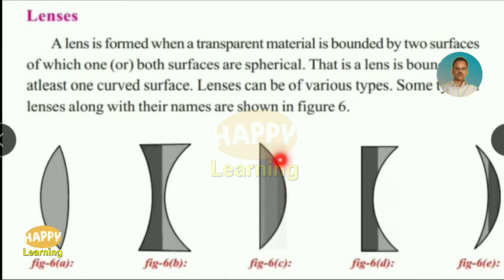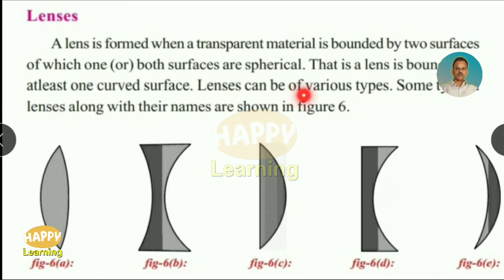So a lens should have at least one spherical surface and it should be a transparent material. A lens is bounded by at least one curved surface.